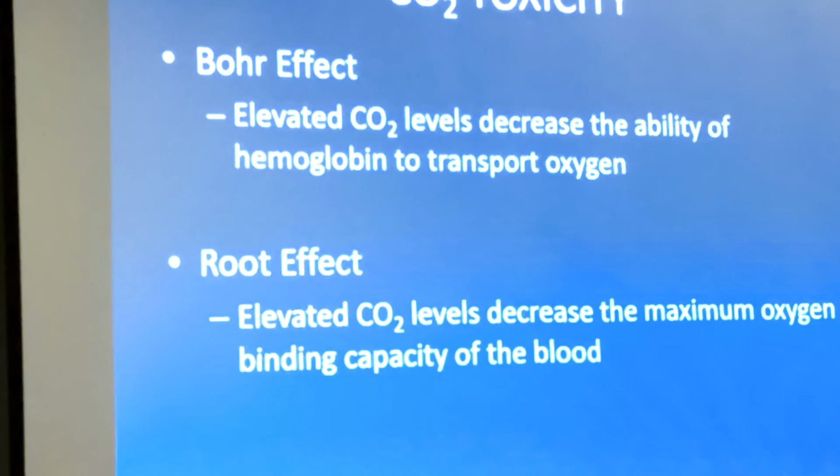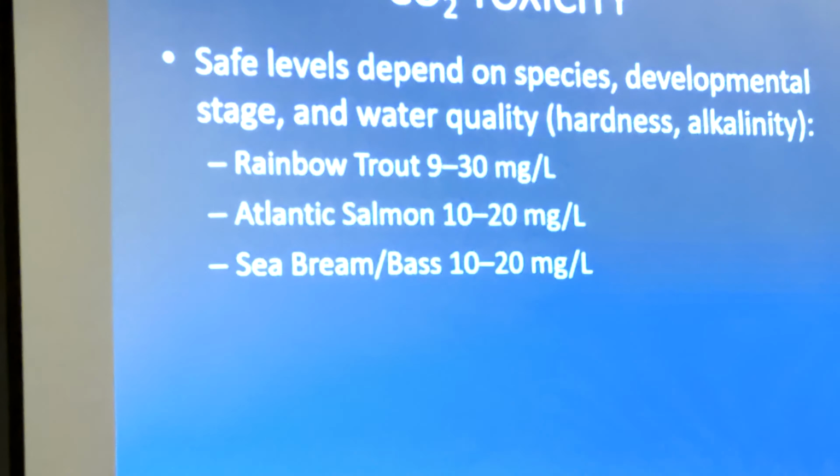Right? So I'm not a physiologist. I just know that high CO2 is bad. Right? And every species and every system, the tolerance for CO2 is different. Well, at least we thought so, and I'm sure it's still true, but the more I spend time in the industry, I guess 30 years now, these numbers seem to be all pretty low.